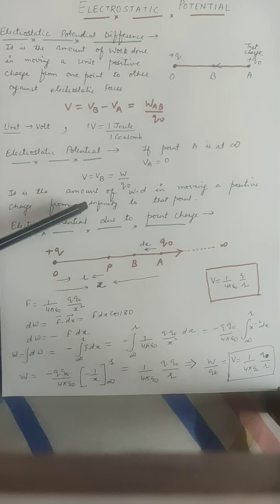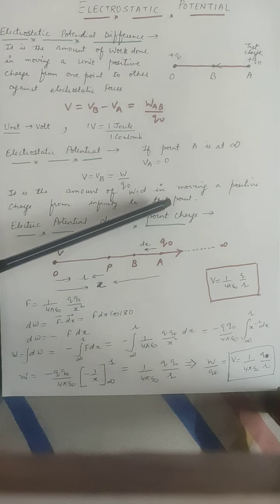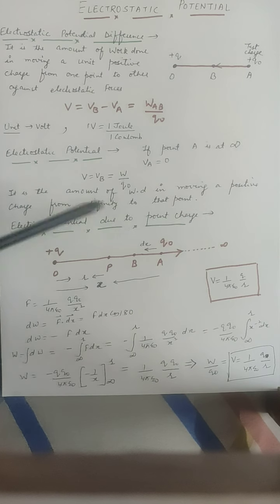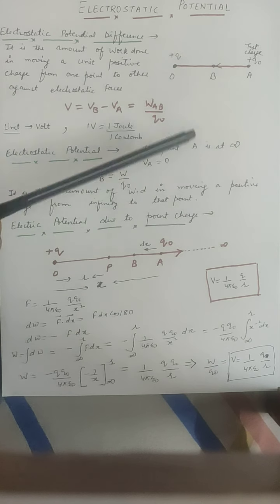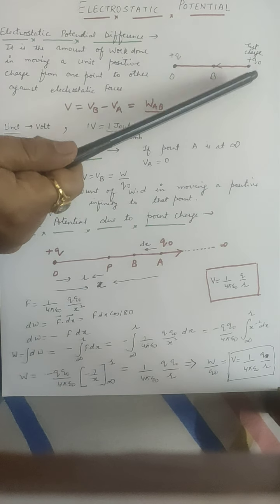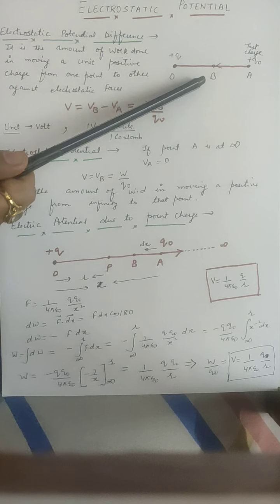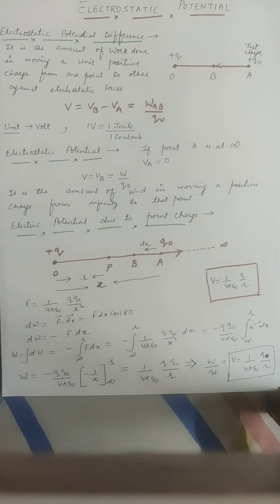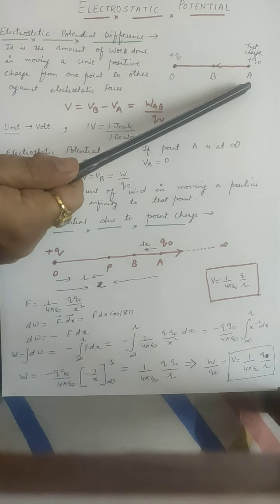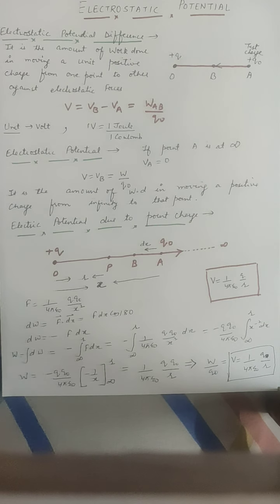So it is defined as the amount of work done in moving a positive charge from infinity to that point. Now in this particular case, A approaches infinity and B is the point of interest where we are bringing this positive test charge. Let's try to derive its formula under the heading electric potential due to a point charge.